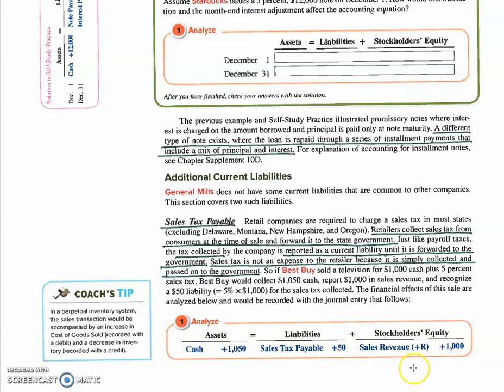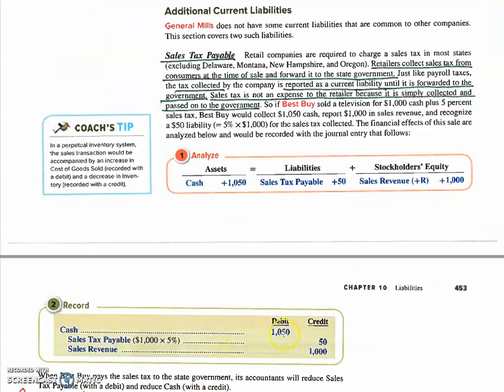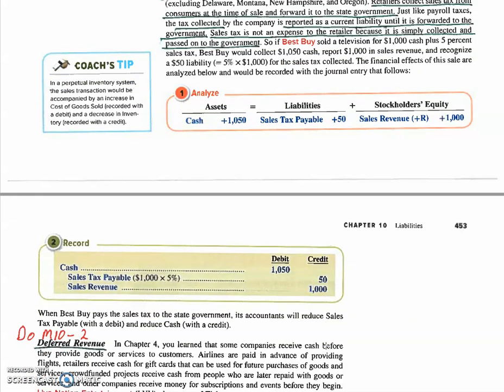The amount of tax payable is $50, 5% of $1,000. And the amount of cash we collect is $1,050. So that's our journal entry. Debit cash for $1,050, credit sales revenue for $1,000, and credit sales tax payable for the $50 sales tax that we collect for the state of Texas.